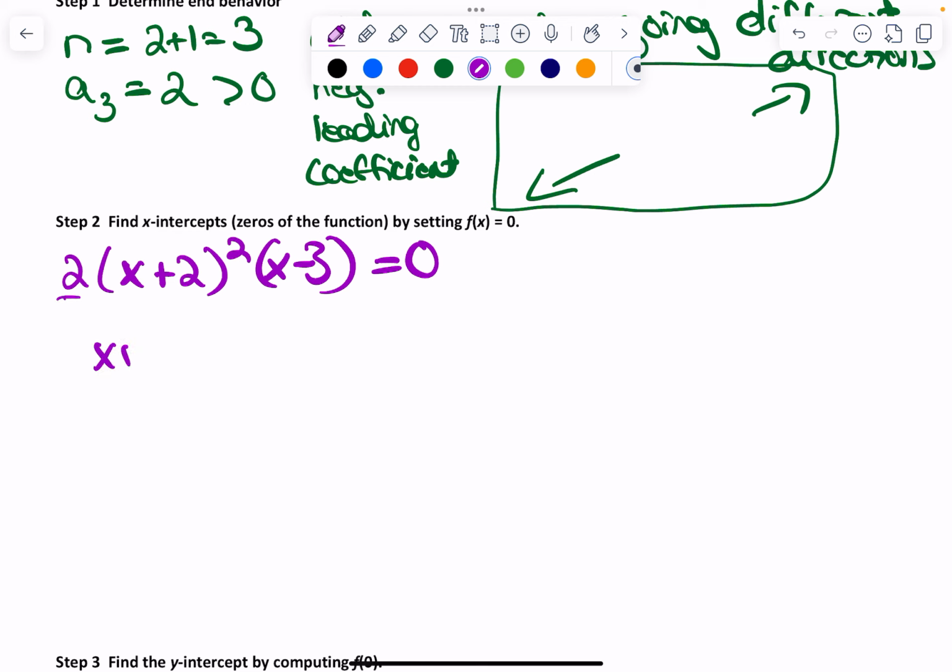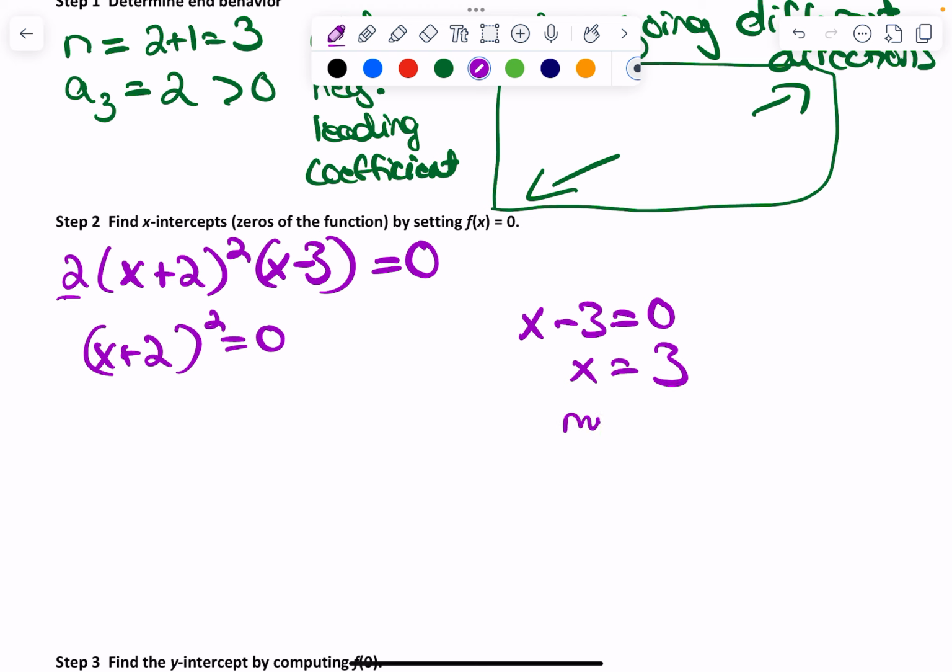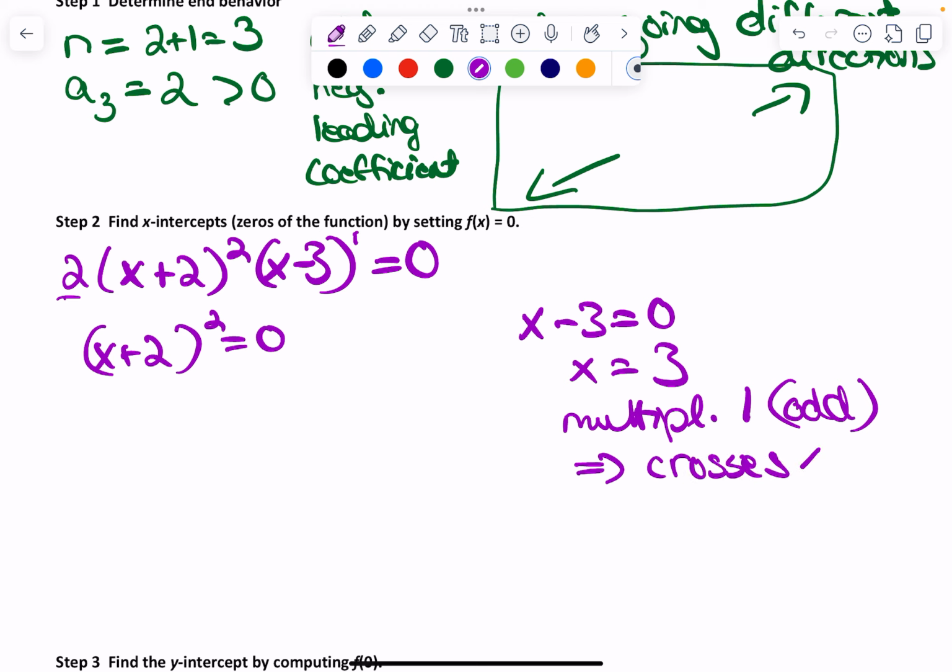We're just going to do (x plus 2) squared equals 0 and x minus 3 equals 0. Well, this one's easy. We add a 3 and we get x equals 3. The multiplicity for this one is 1, so it's odd, which means that it crosses the x-axis at x equals 3.